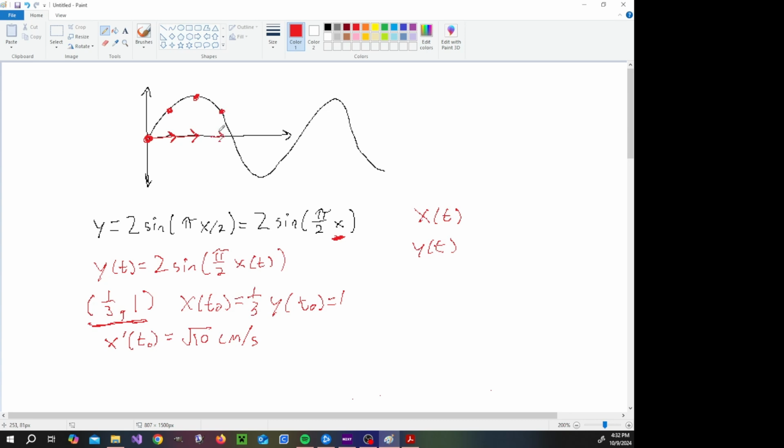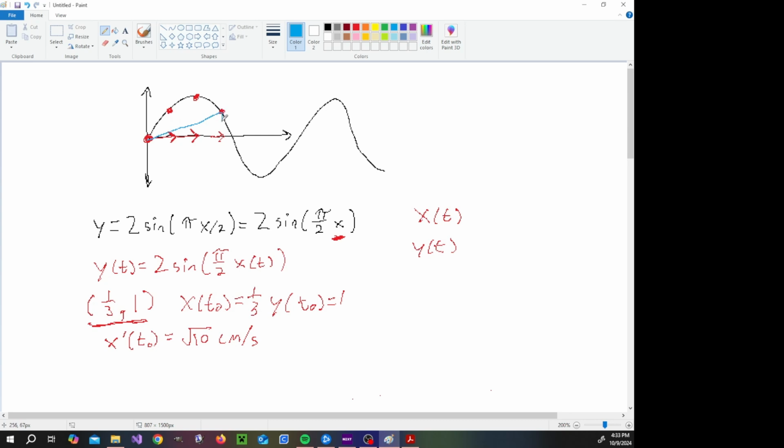Well, in order to find the distance from the origin at any of our points, that's going to be this line. So what kind of shape can I make that can help me find this distance?